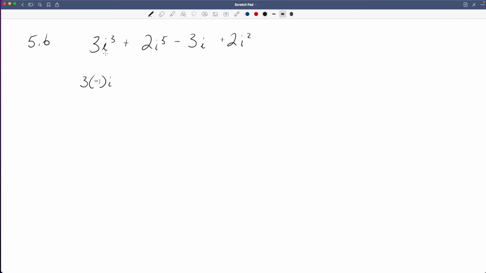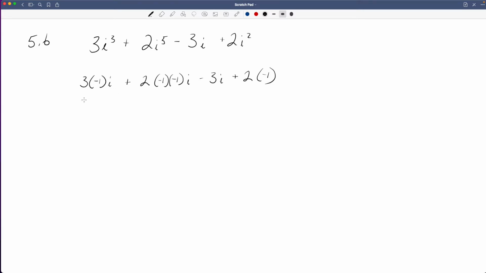Because i squared is negative 1, we can get rid of 2 of these by turning it into a negative 1. Plus 2, now we have 5 of these, so it's 2, 2, and 1. So it's negative 1, and i, minus 3i, plus 2, and we have 2 of these, so that's times -1, right?